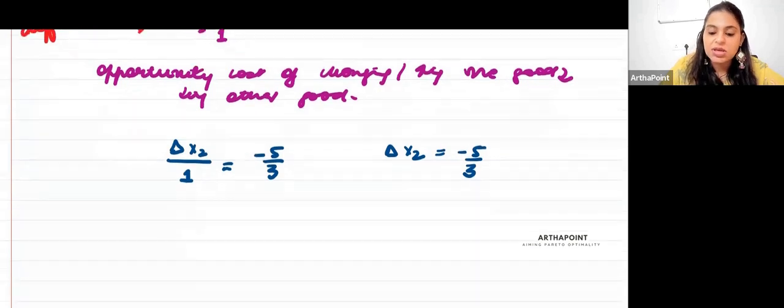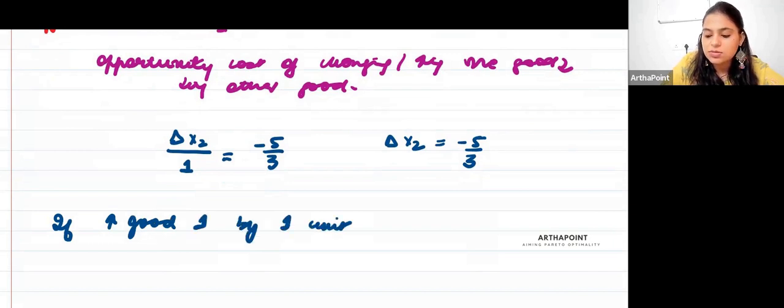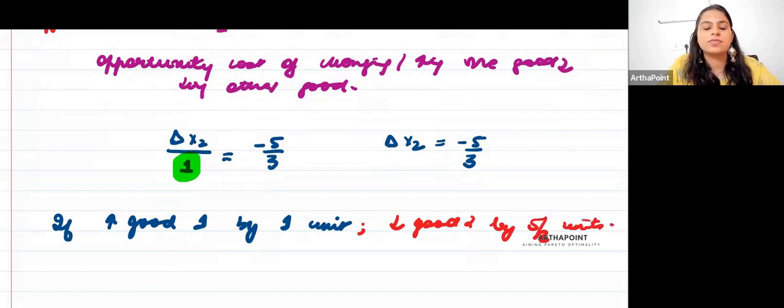This means that if you have to increase good 1 by 1 unit, see, I changed good 1 by 1 unit, then I must decrease good 2 by 5/3 units. This is what it means to be the slope. To increase one good, how much are you decreasing the other good?